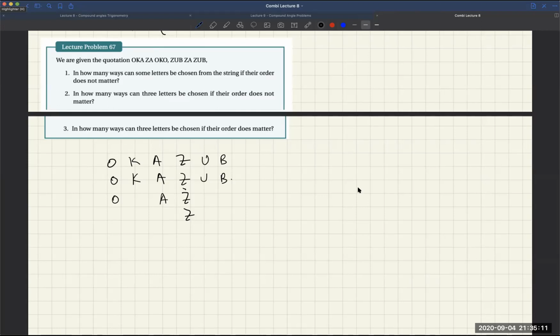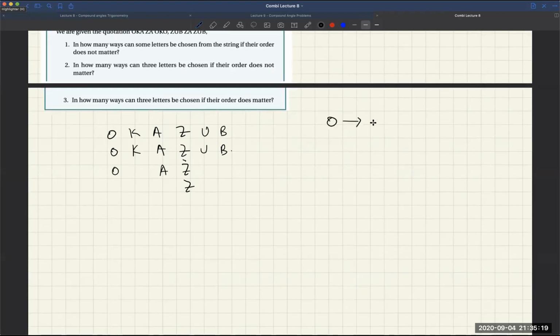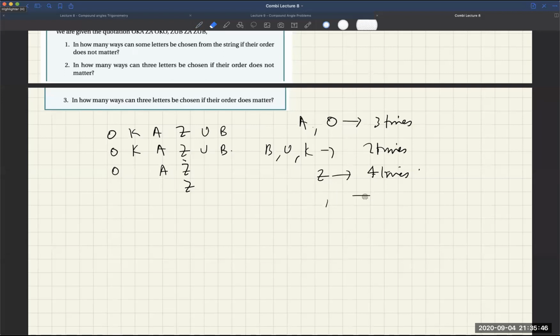So how do we go about this problem? If you see here, O is occurring how many times? 3 times, correct? K, O and A are occurring 3 times. We'll write the frequencies. Z is occurring 4 times. And U, B and K are occurring 2 times. So these are the three kinds of frequencies which we have.